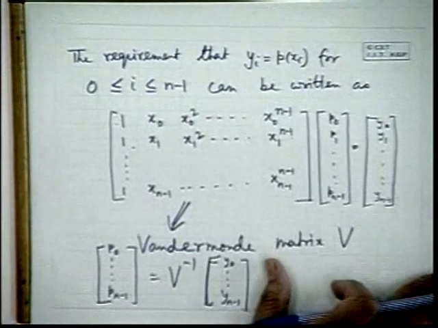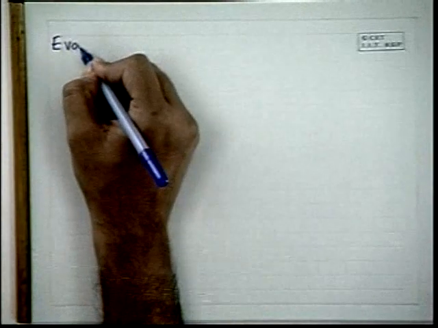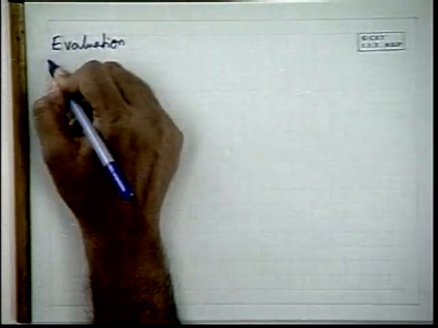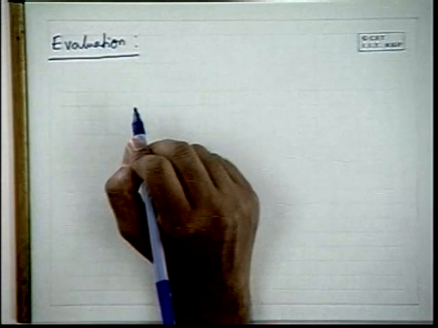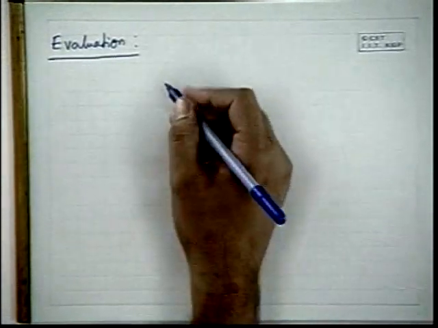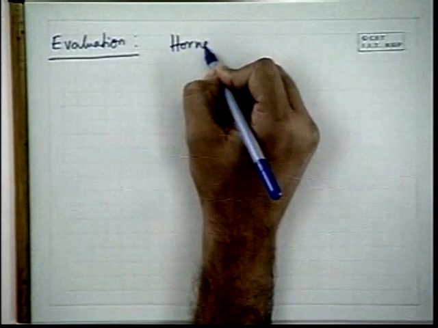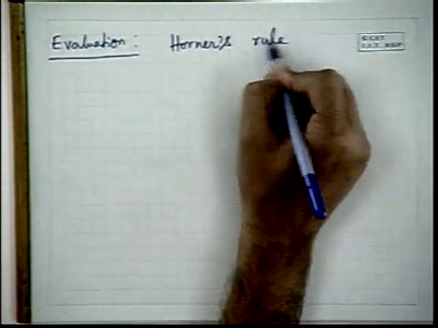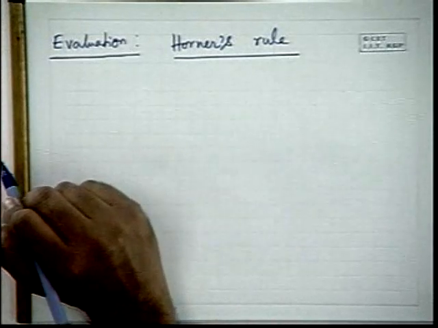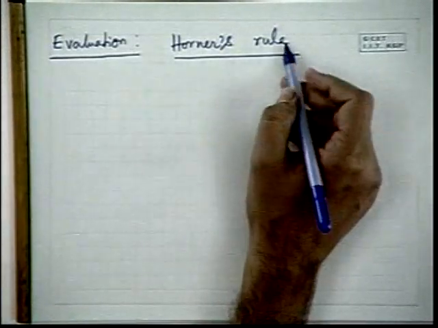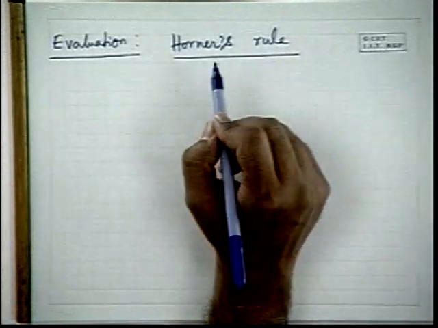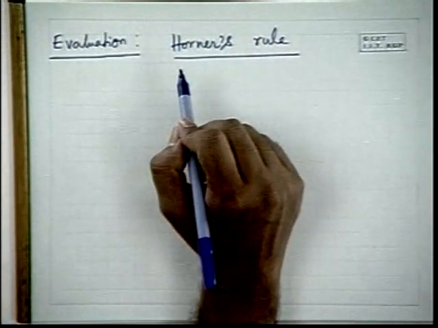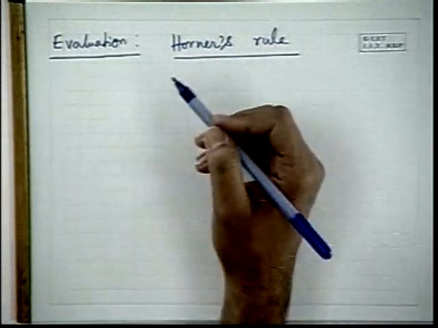Now this is point value representation. But to get the values of a polynomial at certain points, we need the next operation, which is called evaluation. For evaluation, there is a very popular technique which is called Horner's rule. This Horner's rule will always reduce the number of operations, not in terms of the order-wise complexity, but in terms of the actual operations.